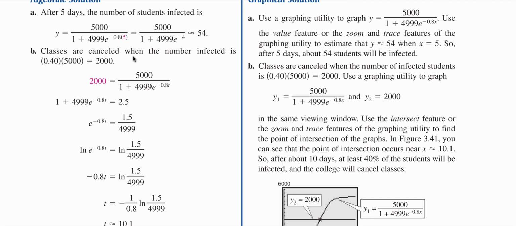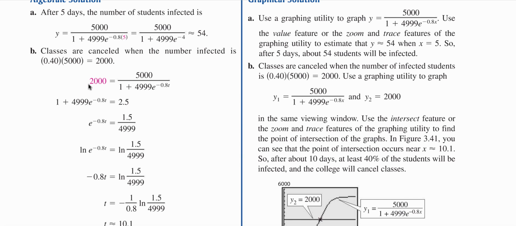Now, classes are canceled when the number infected is 40% of the student population. 40% of the student population is 2,000. And so here we set the logistic model equal to 2,000, replacing y with 2,000. Then we multiply both sides by the denominator, 1 plus 4999 e to the negative 0.8t, and at the same time, we divide both sides by 2,000.